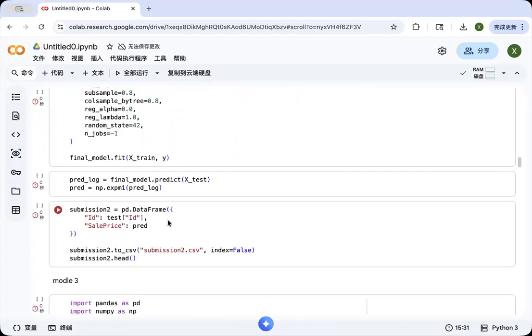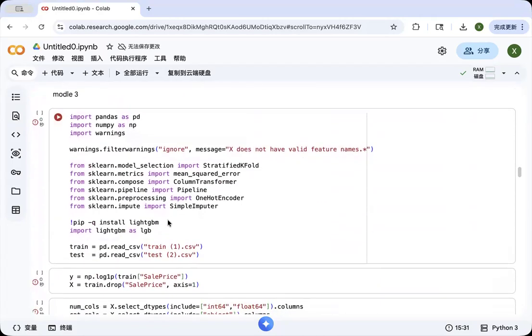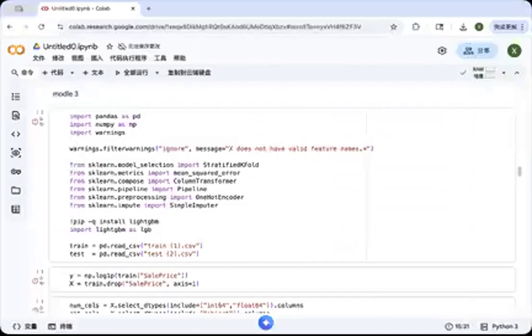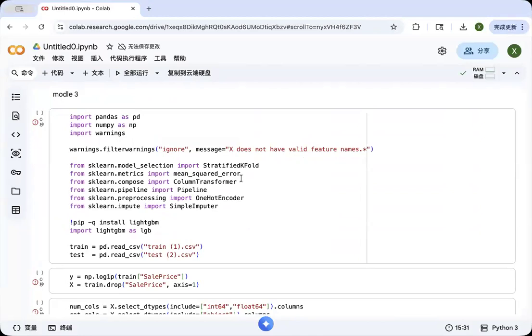We also implemented early stopping. This allowed training to stop automatically once validation performance stopped improving. This prevented overfitting and selected the optimal number of boosting rounds. This model further improved stability and performance.